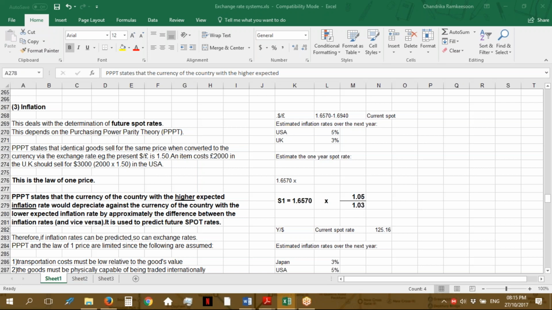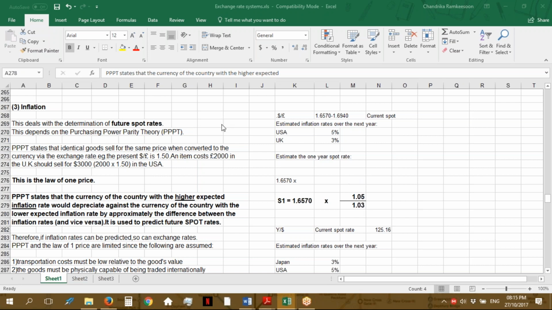In other words, the inflation rate is assumed to be one part of the overall interest rate. But as you will see, and it's very easy the way in which I've put it here, all you need to do is to use exactly everything that we were using so far, except number one, you're working out a forward rate, and number two, you're using interest rates rather than just the inflationary element of it.